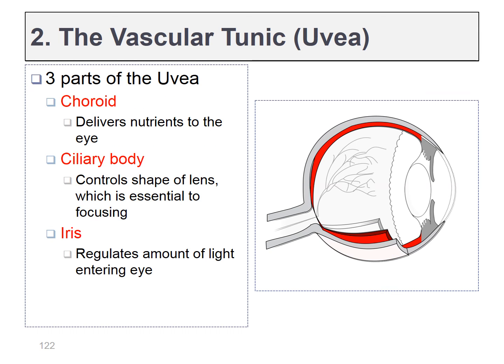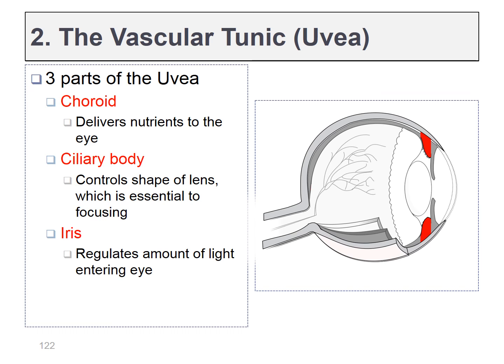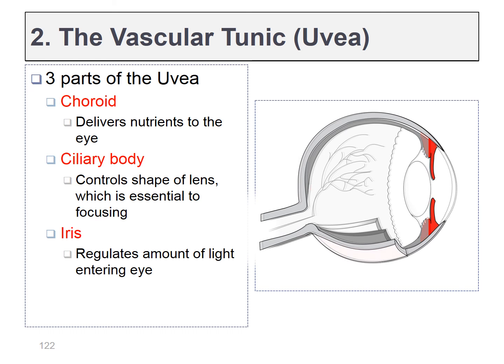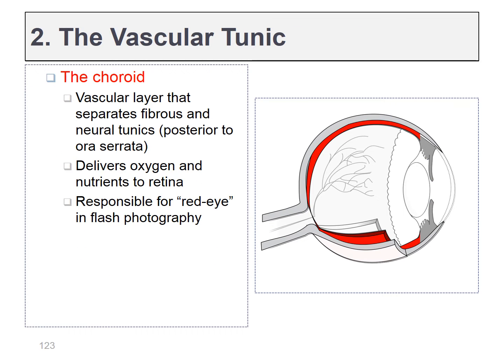Next is the vascular tunic, which contains three major portions. The choroid, shown here, the ciliary body, and most anteriorly is the iris. The choroid is the main portion of the vascular tunic. It's a layer of connective tissue which contains a lot of blood vessels, which provide nutrients to the other layers of the eye.